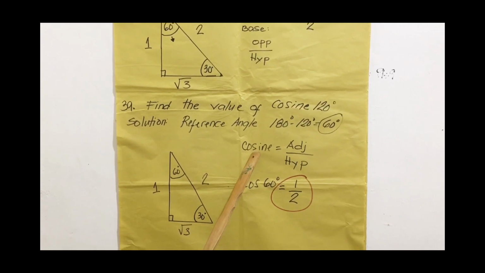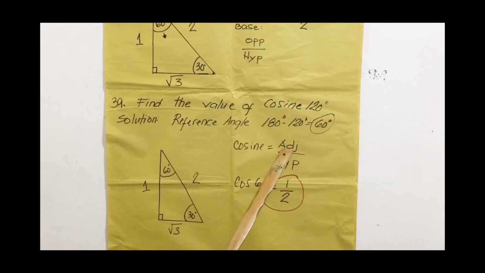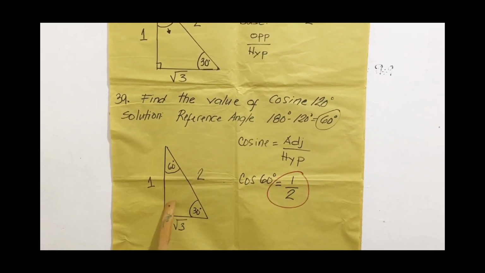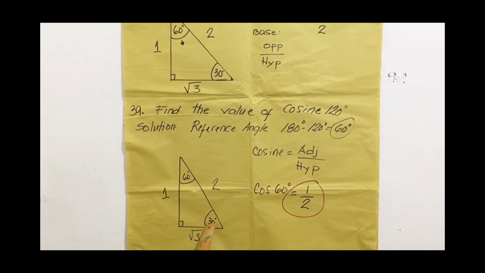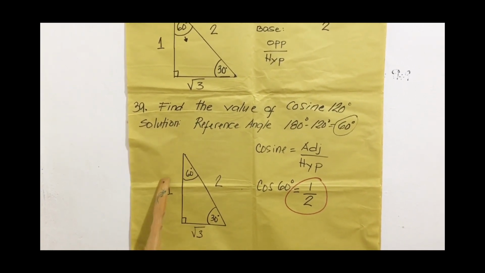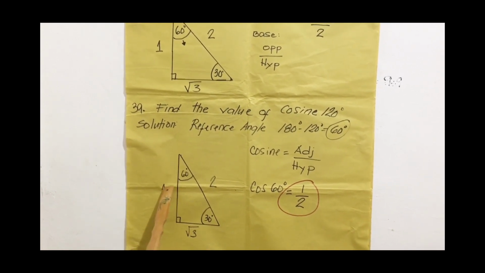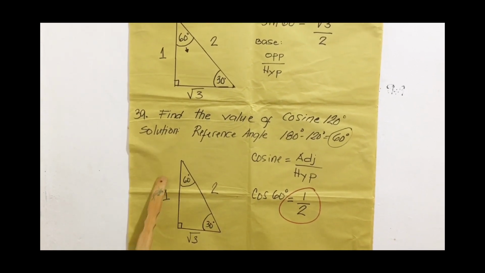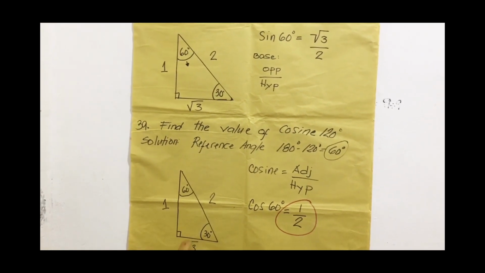So our basis of computation is adjacent over hypotenuse. So we have again here our illustrative special triangle, 60 and 30 degrees. The same, we're going to automatically put here 1 in a unit circle, and 1 times 2 equals 2. Then 1 squared equals 1, 2 squared equals 4, 4 minus 1 equals 3, then square root of 3.